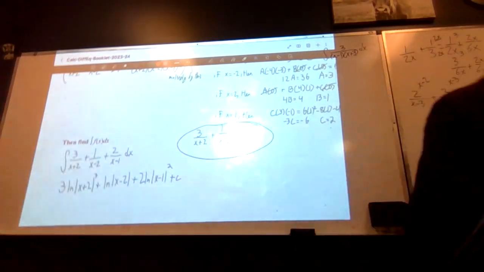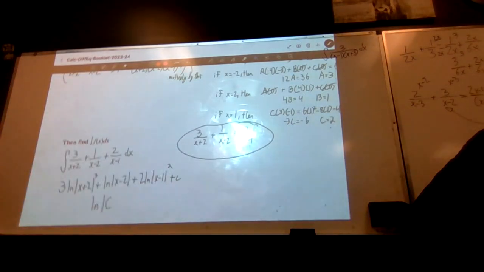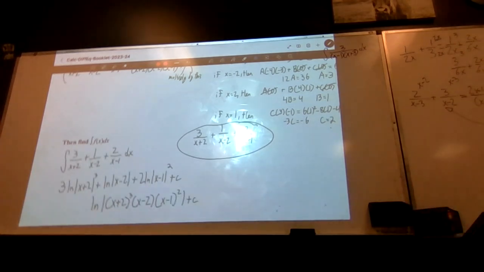So I can rewrite this as the natural log of the absolute value of (x plus 2) cubed times (x minus 2) times (x minus 1) squared, plus c. So that would be our integral there.